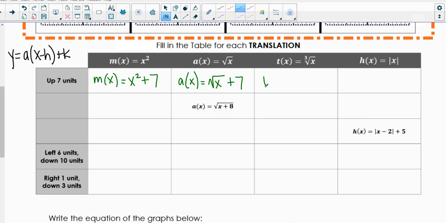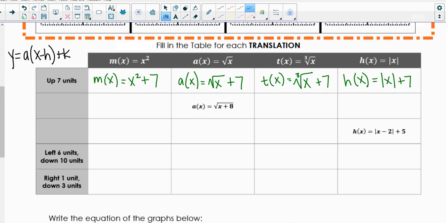Same thing with t of x: I have t of x equals the cubed root of x, and then plus 7, and h of x equals the absolute value of x plus 7. So the only thing that's changing there is the parent function. You're doing the exact same translation every single time. They're all being moved up 7.